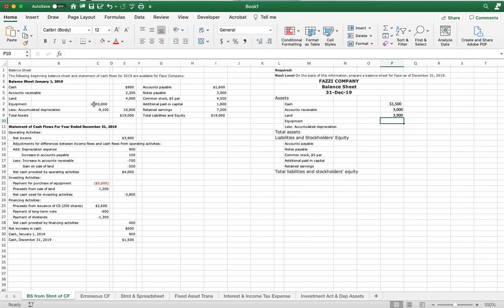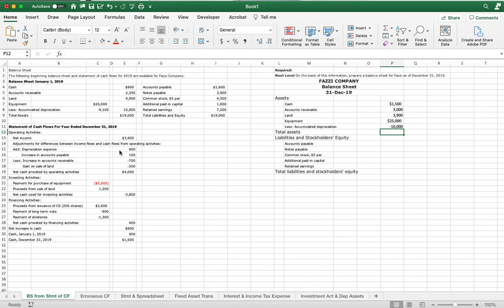For equipment, we had a beginning balance of $20,000. And if we come down to our investing activities, we see that we purchased another $5,000. So we'll have $20,000 plus that $5,000 to give us equipment of $25,000. Then for our accumulated depreciation, we had $9,100, and we had an additional $900.